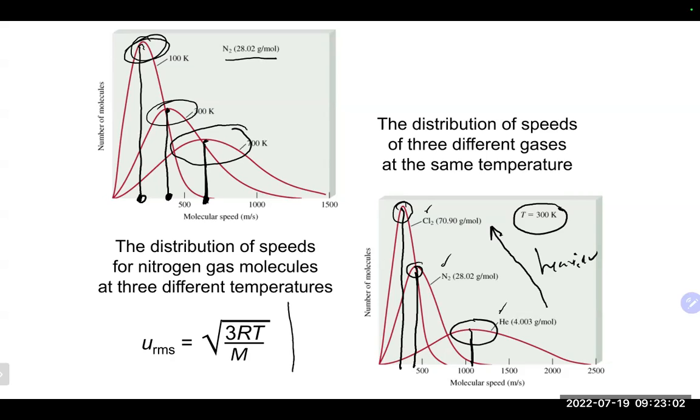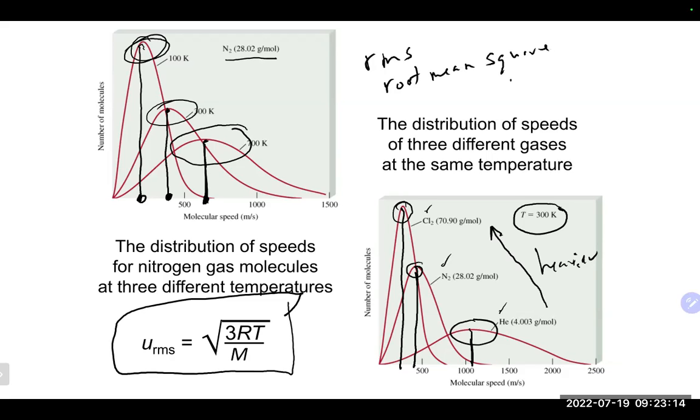We can calculate the speed of a gas by calculating what is referred to as the RMS, the root mean square velocity. It is typically calculated in meters per second. The root mean square velocity is equal to the square root of R times the temperature divided by the molar mass. Now, when we use this equation, a couple of things are different.